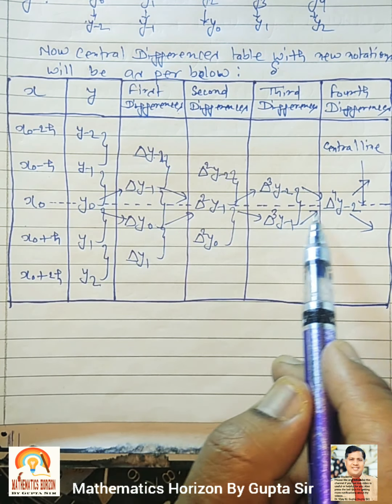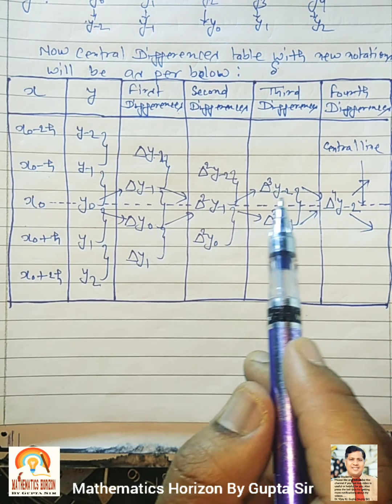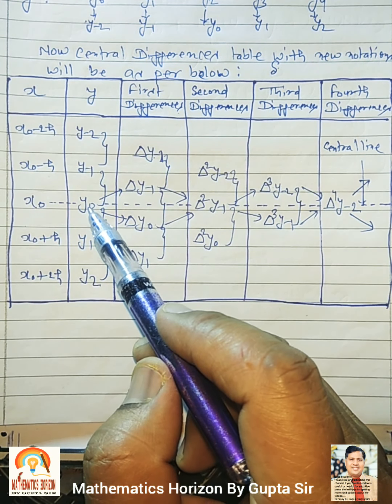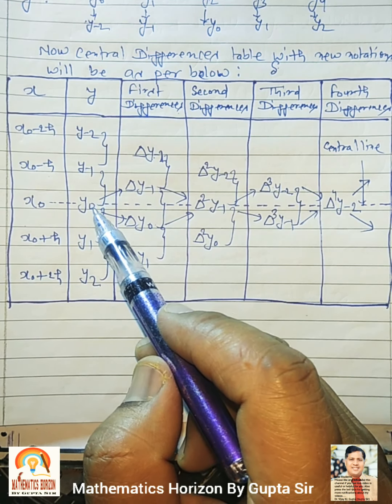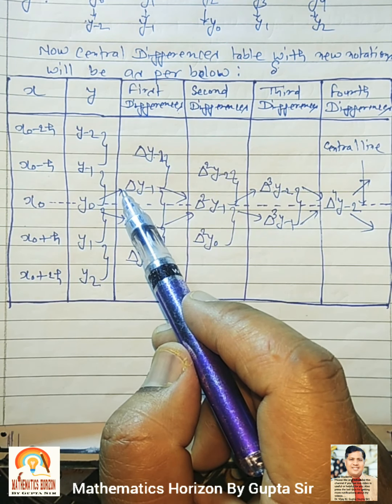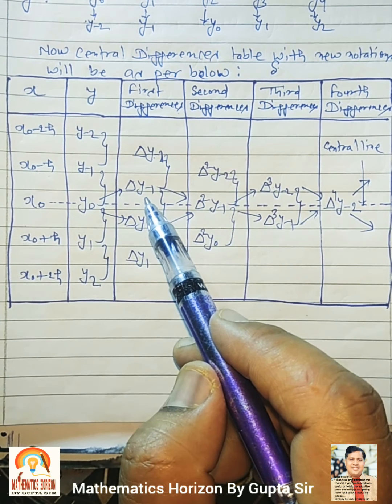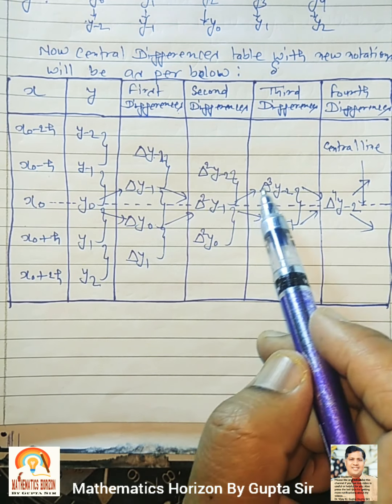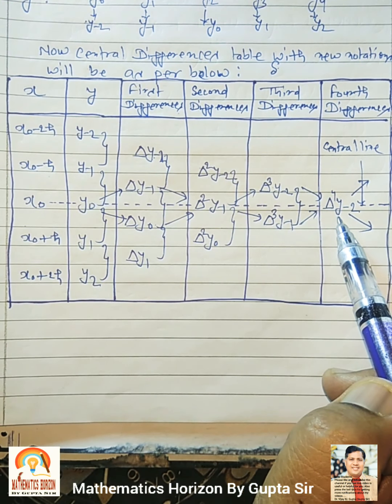We use differences in this order. And when we use Gauss backward interpolation formula, then we use these differences y0, del y minus 1, del square y minus 1, del cube y minus 2, del 4 y minus 2.